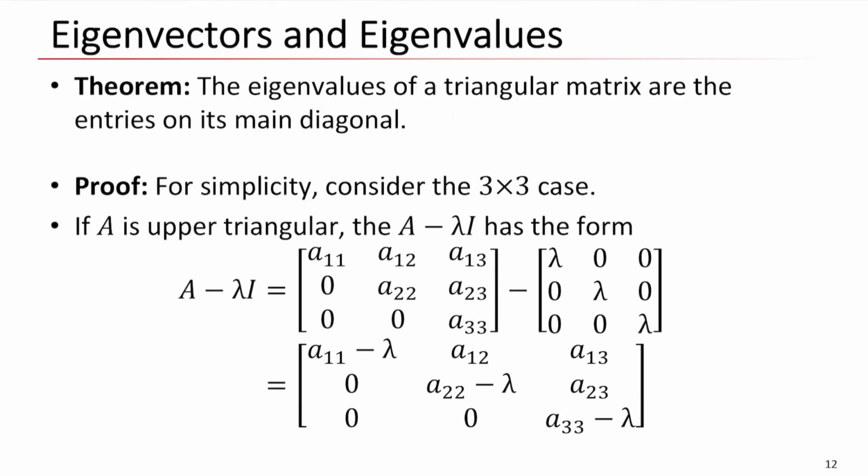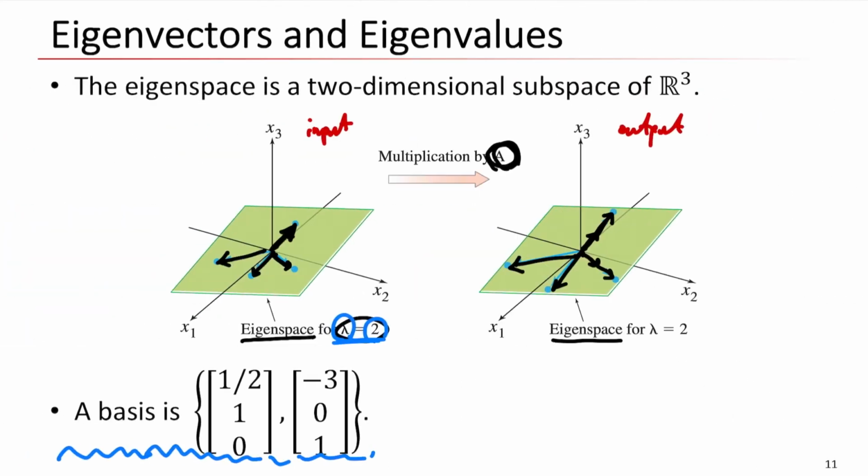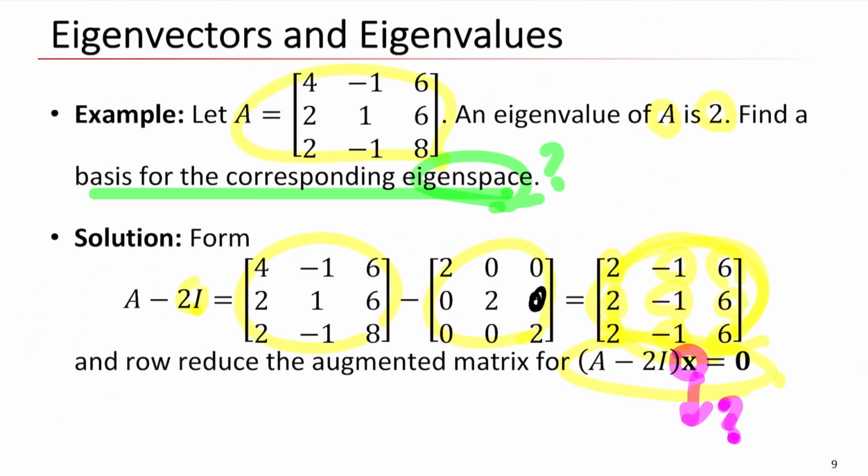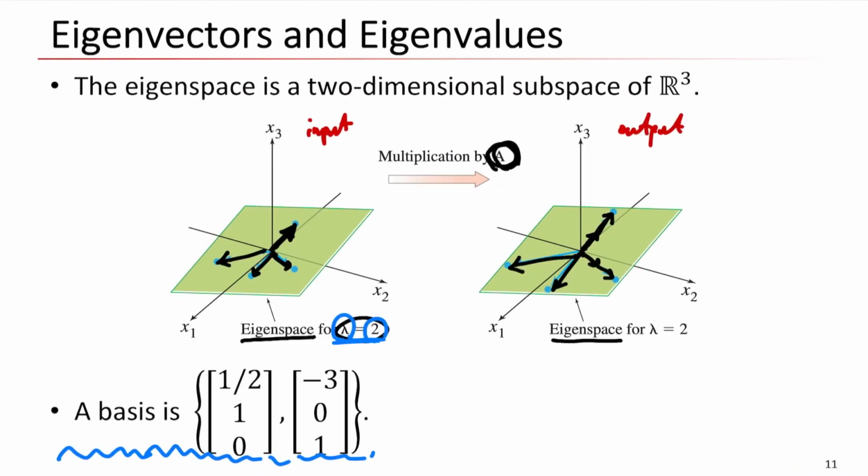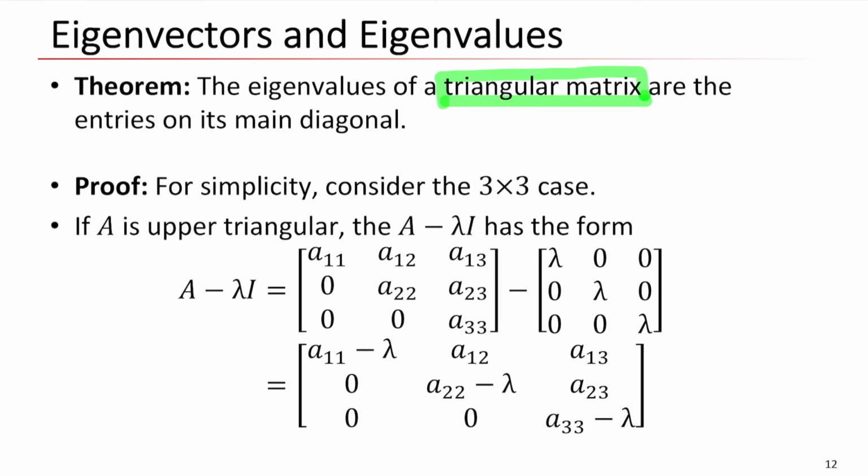Okay, so here is the theorem: eigenvalues of a triangular matrix. Until here, we assumed an arbitrary matrix A, but when you think about a triangular matrix, something like this, then the eigenvalues of the triangular matrix are the entries on the main diagonal themselves.